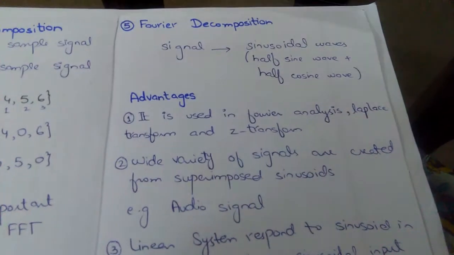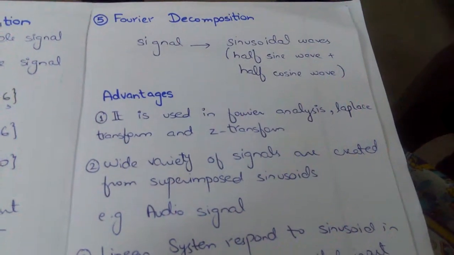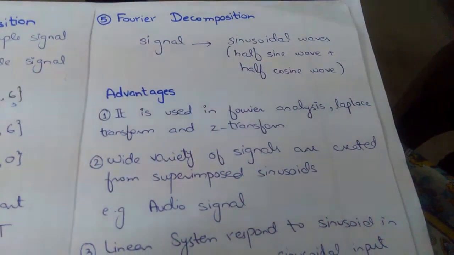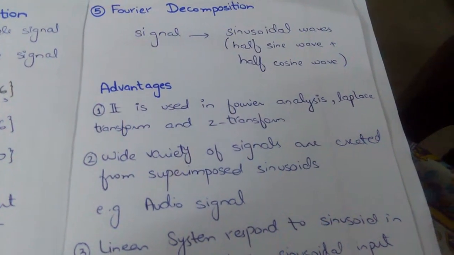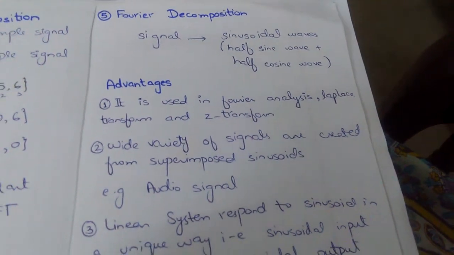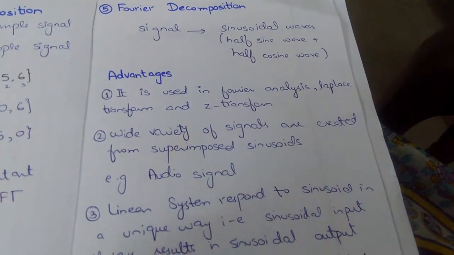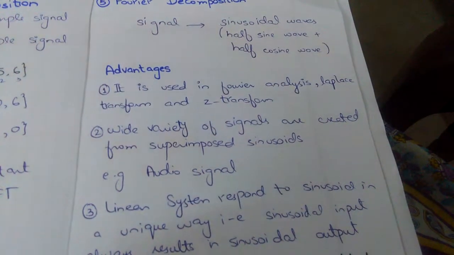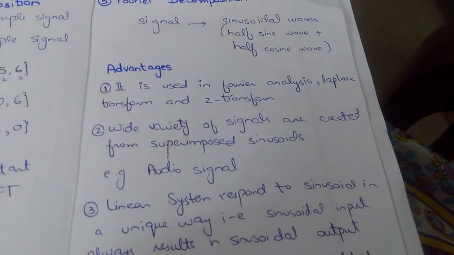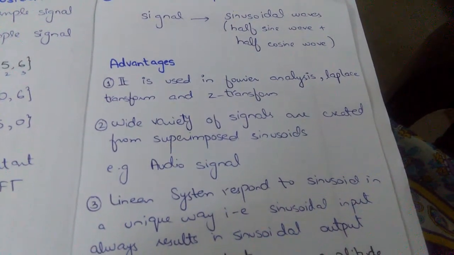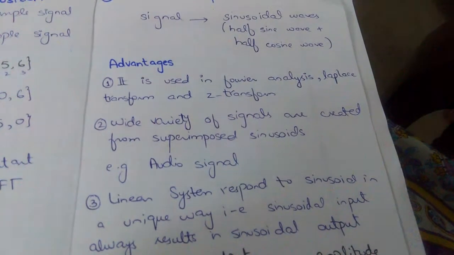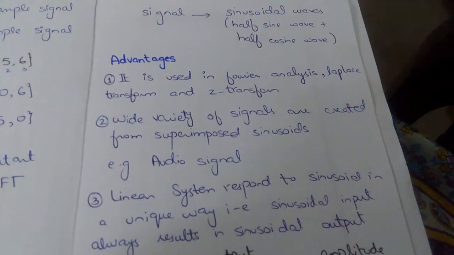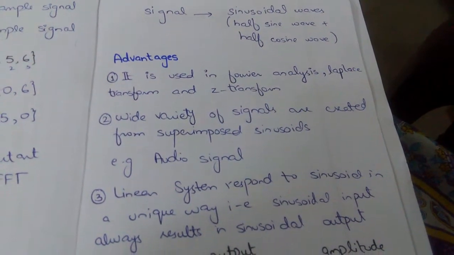And the fifth is Fourier decomposition. In Fourier decomposition, the signal is divided into sinusoidal waves, meaning sine waves plus cosine waves, and its advantages include: it is used in Fourier analysis, Laplace transform and Z transform. Second, a wide variety of signals are created from superimposed signals, for example, an audio signal.